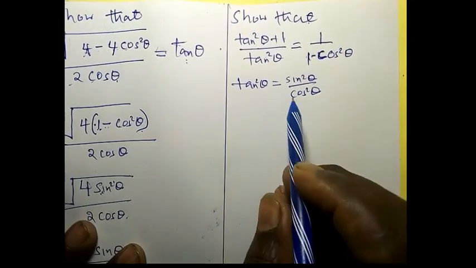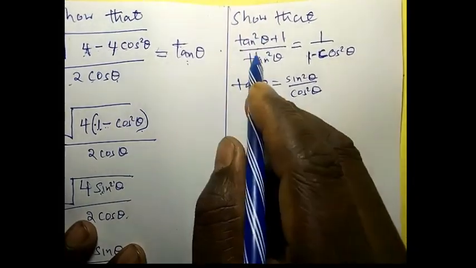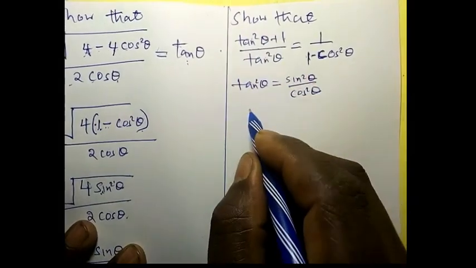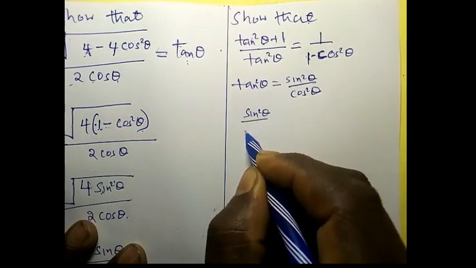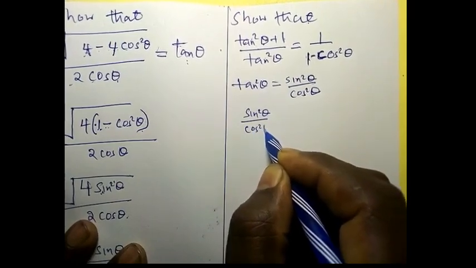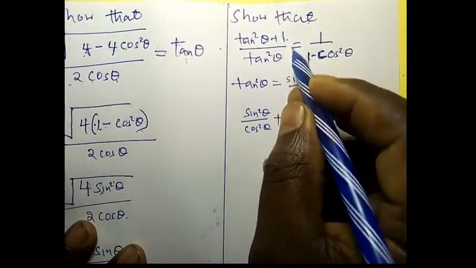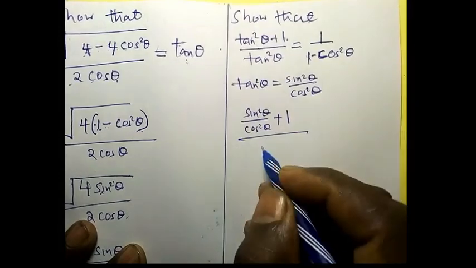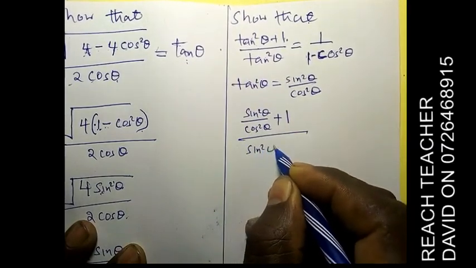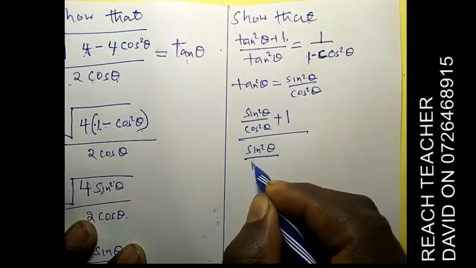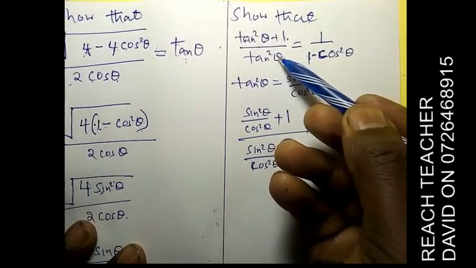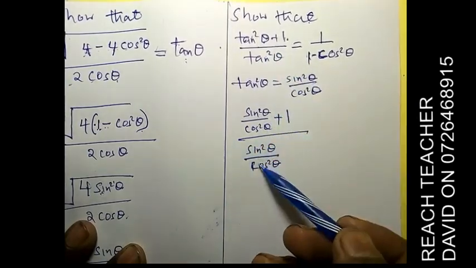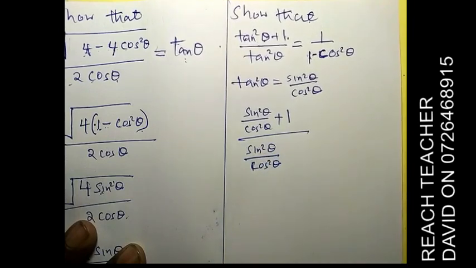So instead of tan square theta, we are going to say sine square theta divided by cos square theta plus 1 divided by sine square theta divided by cos square theta. We are replacing tan square theta with sine square over cos square. I hope you are following up to that point.